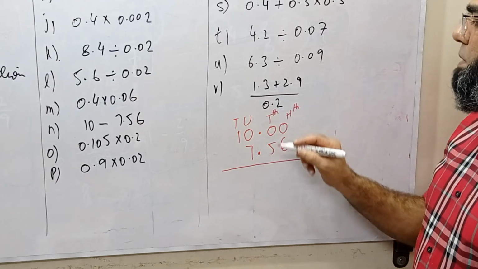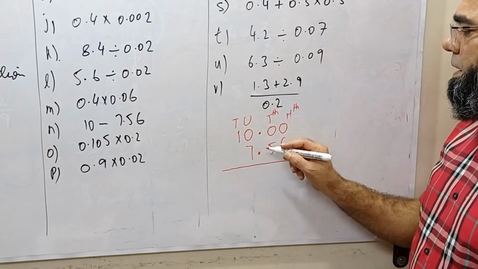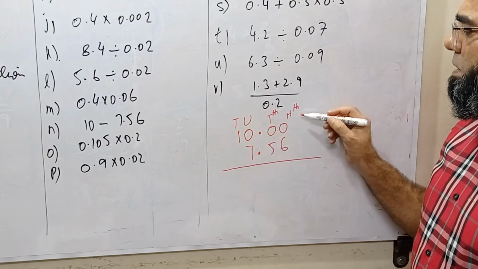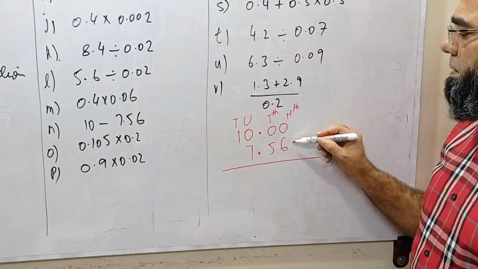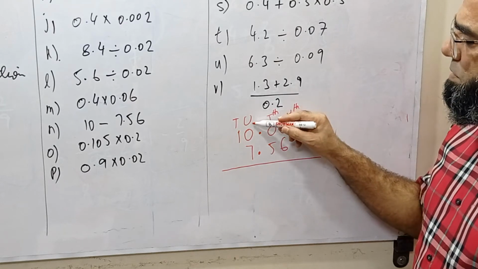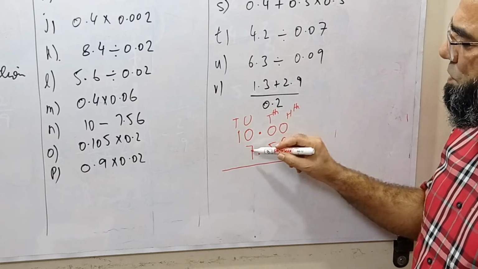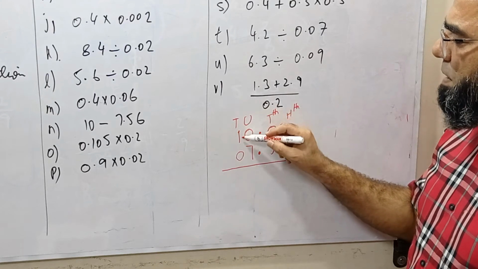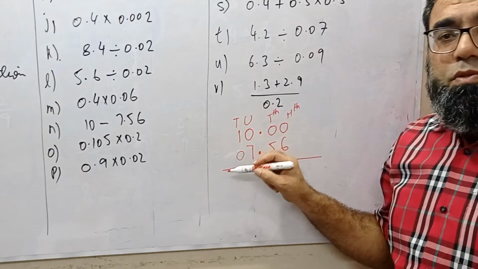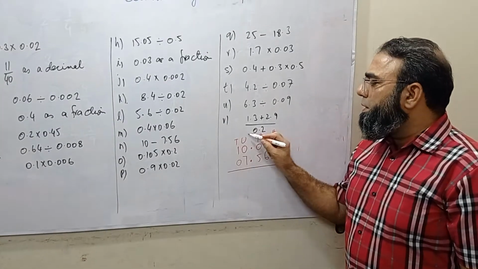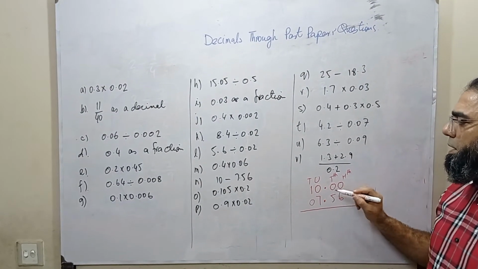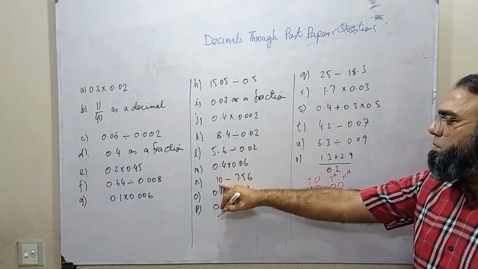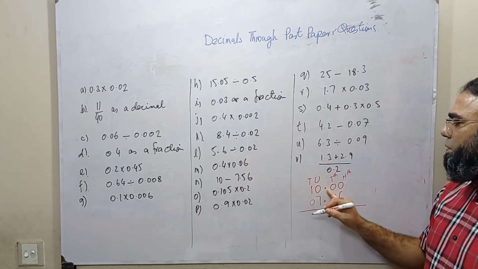So when you are adding or subtracting, we have to make sure that the hundredths are subtracted or added with the hundredths, the units with the units, the tens with the tens. So that is the condition that we keep the decimals aligned, okay? If there is no decimal point, like this was 10, so I have written it as 10.00.